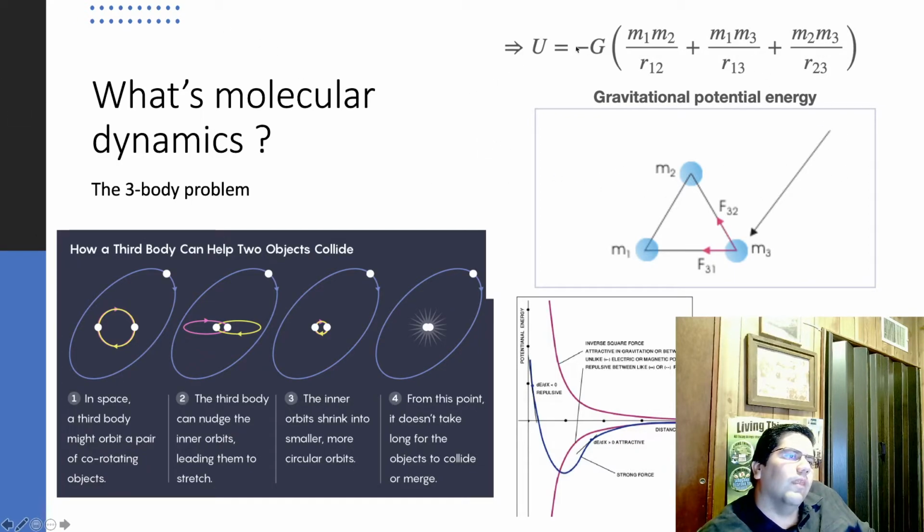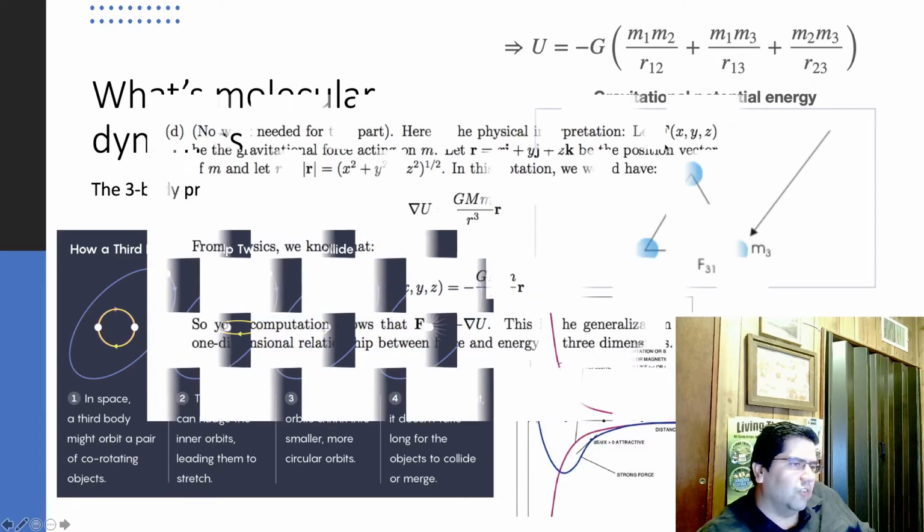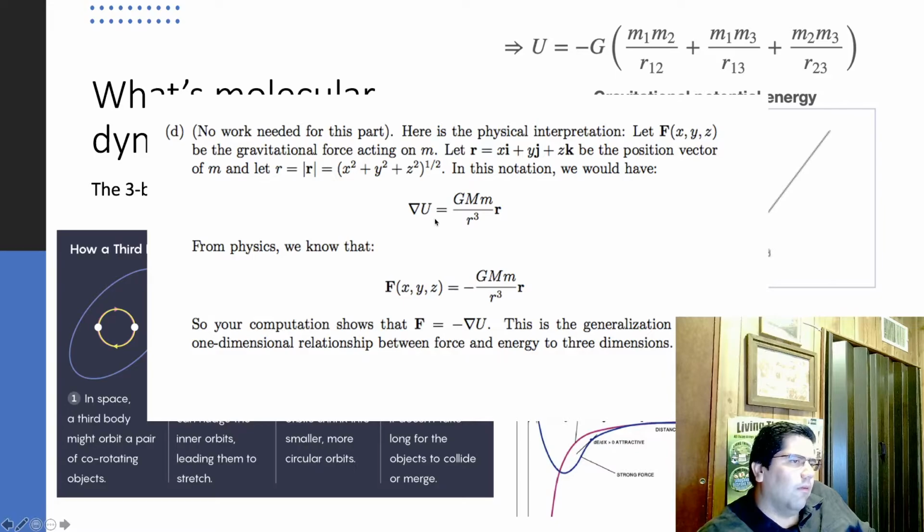So how do we find the force from the potential? If we have our potential U, and you calculate the gradient of the potential, you obtain this right here. This is actually the gravitational force, and when you have the force, you can find the acceleration.